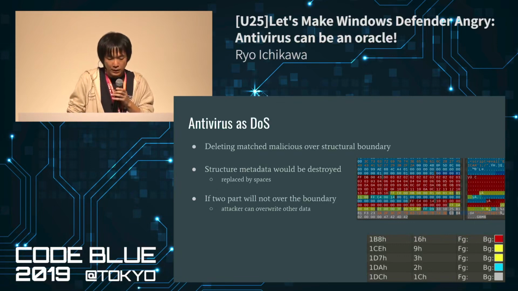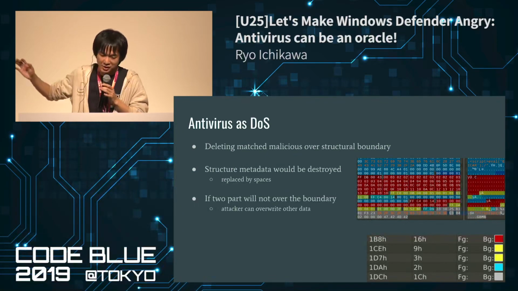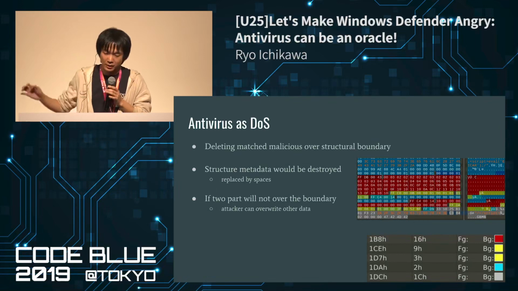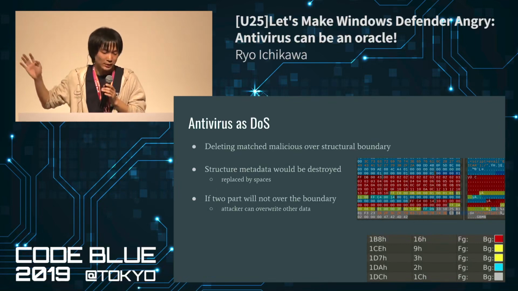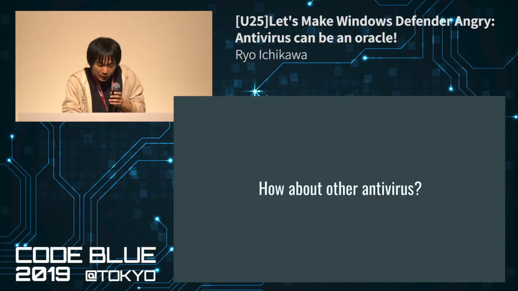But if the two parts do not go over the boundary, it will not destroy the structure, but the attacker can still overwrite other areas' data. So what if encryption keys are there and they are replaced by null bytes or spaces? Yeah, it should be really interesting.